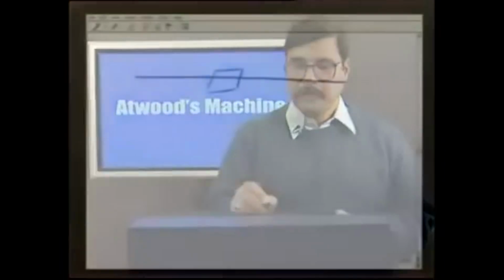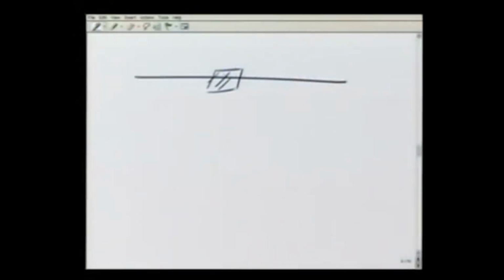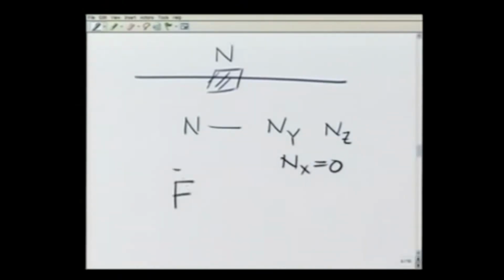Since the normal force is going to be perpendicular to the wire, N is going to have only two components, in the y direction and in the z direction, and Nx is always going to be 0. The force F that I have applied is going to have all three components Fx, Fy and Fz.